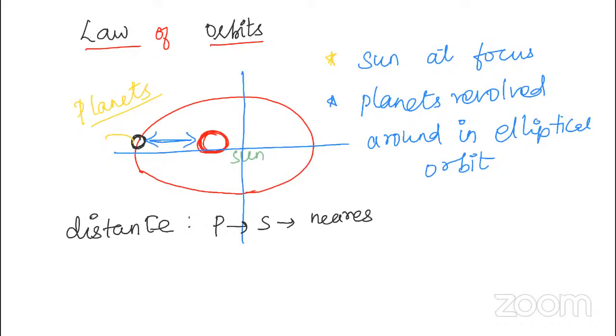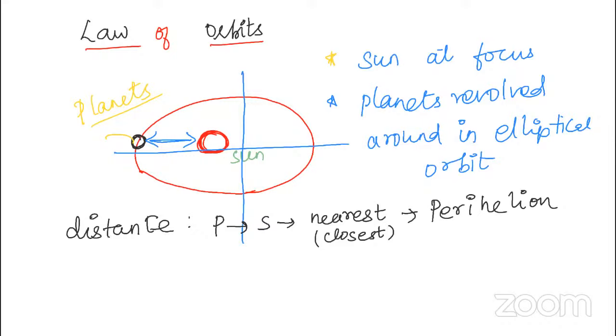Nearest means we have the closest distance. We call it perihelion. What is the name? That is perihelion.